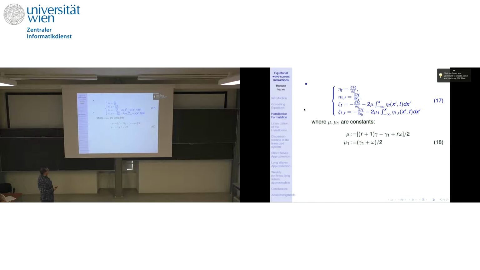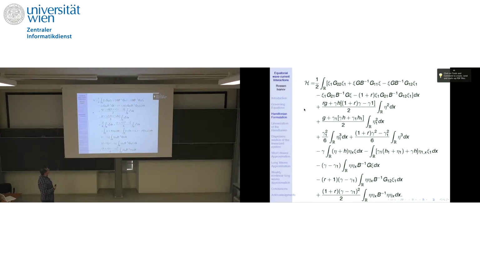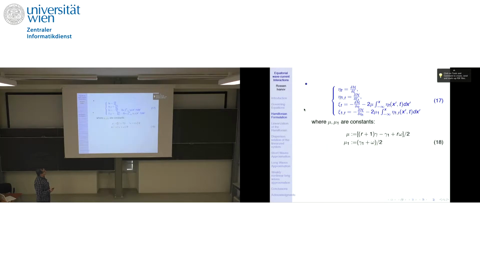But moreover, this is only the energy. We don't even know if this is the Hamiltonian. So with some more effort, we can write the equations that I have mentioned before, the Bernoulli and the kinematic equations on the surface and the interface, also in this form.